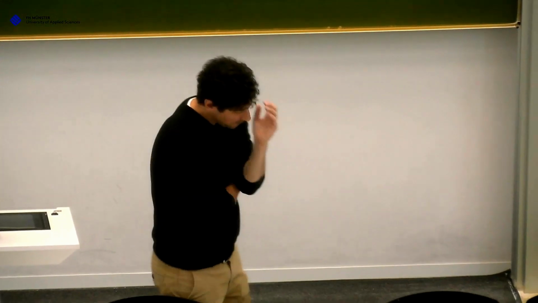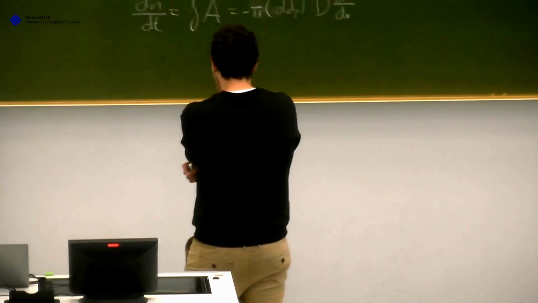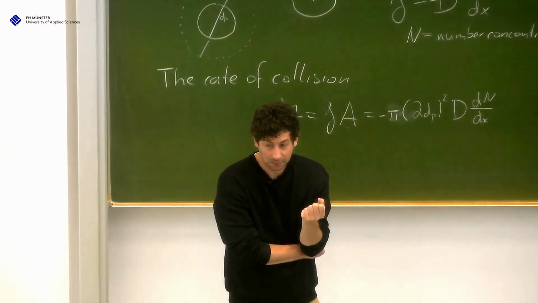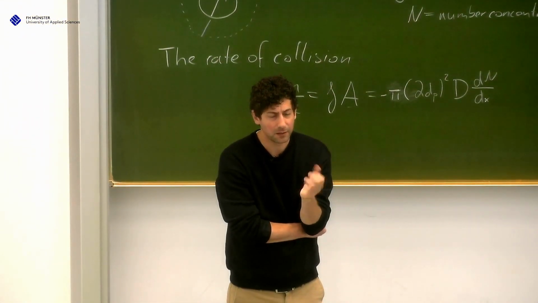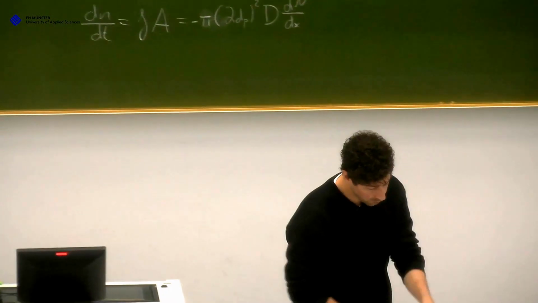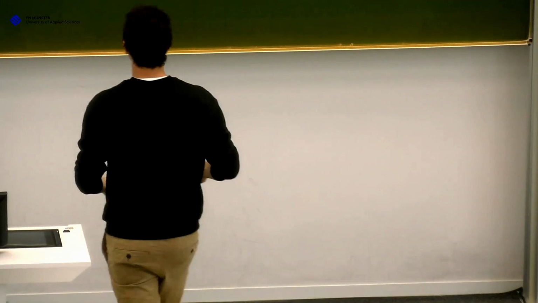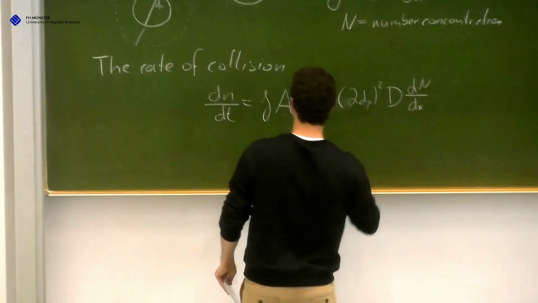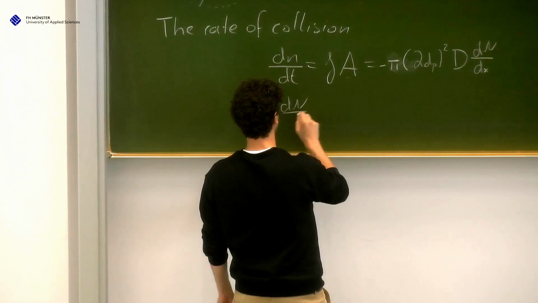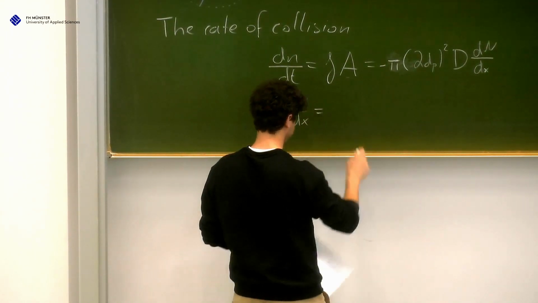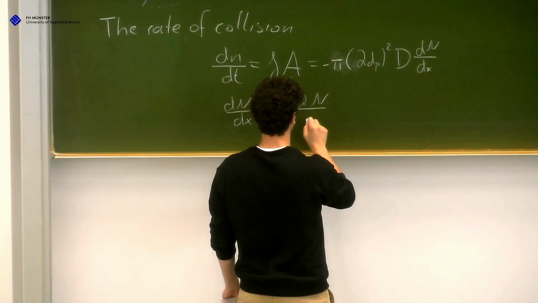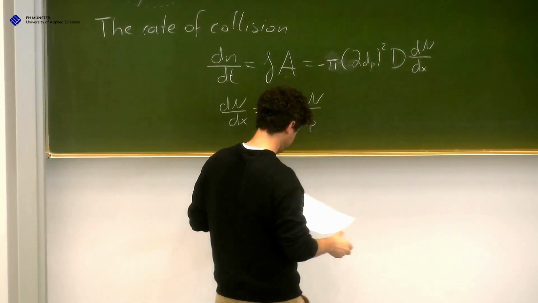So this equation was solved by a guy called Fuchs, I think 1960, 50 or somehow. He's a very important guy in aerosol science, and he gave a solution for this. And the solution he figured out to express dn dx is: dn divided by dx is minus 2n dp.